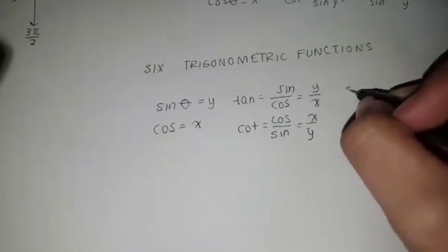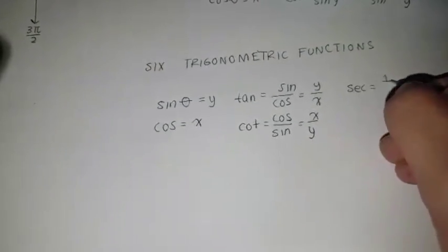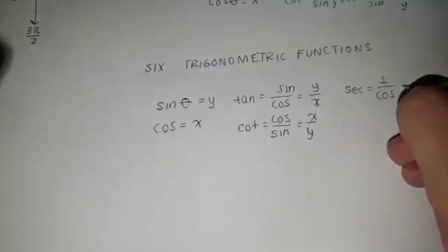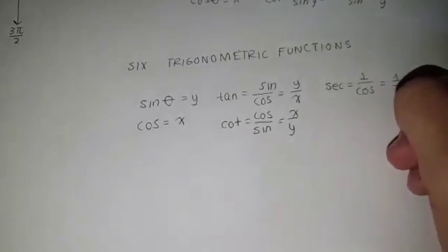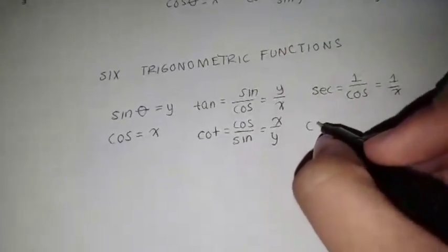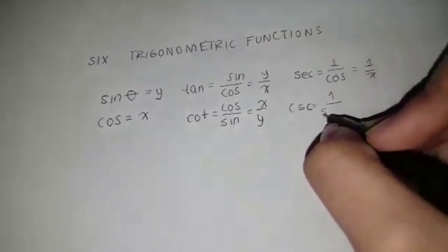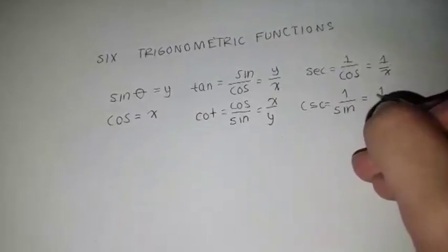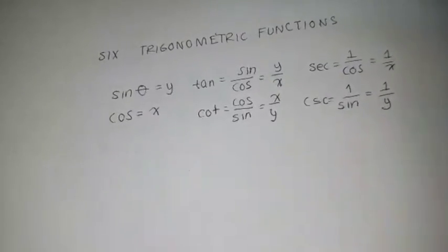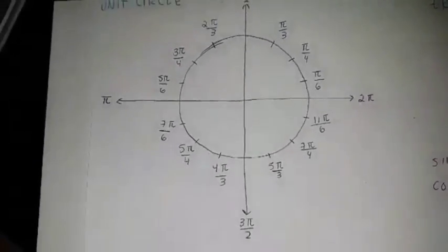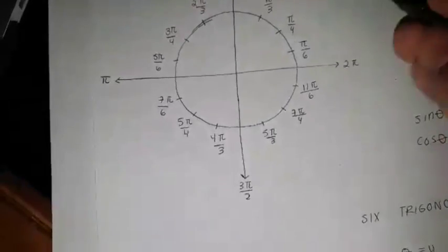We have also the secant, that is equal to 1 over cosine, that is equal to 1 over x. And the last one is cosecant, that is equal to 1 over sine, and it's equal to 1 over y.